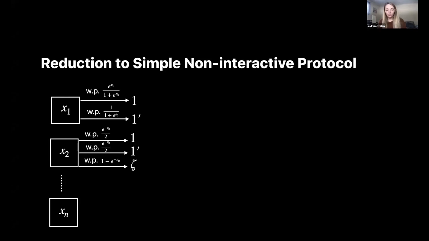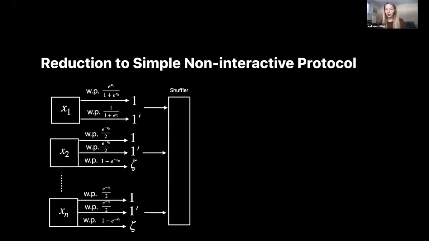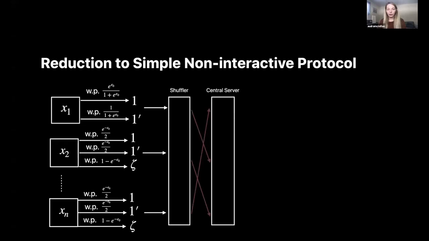What everyone else is going to do is, with some probability they're going to output 1, with some probability they're going to output 1 prime, and with some probability they're going to output this third symbol, which we're going to call theta. Okay, so everyone's going to do that. They're going to send whatever they sampled to the shuffler. The shuffler is going to shuffle them and send them to the central server.